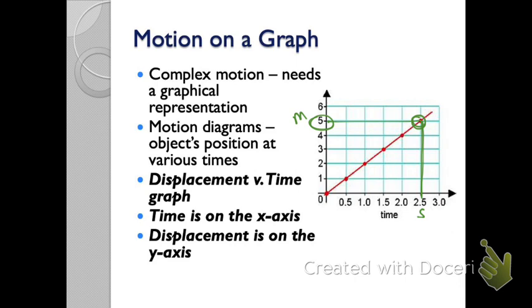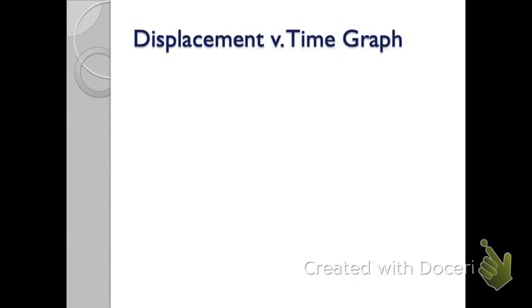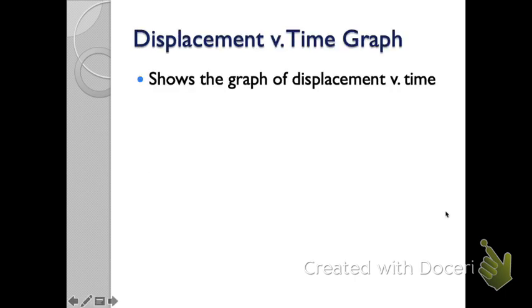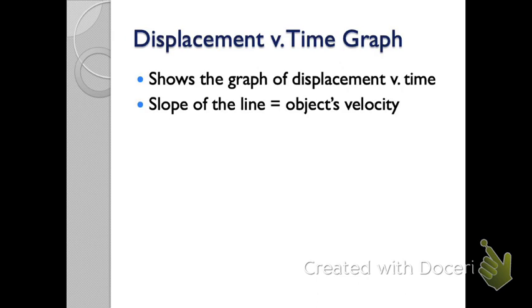Okay, so let's look at our displacement versus time graph. It shows us that relationship. When we look at a displacement versus time graph, if we calculate the slope of the line, it tells us the object's velocity. So let me look at this graph one more time.